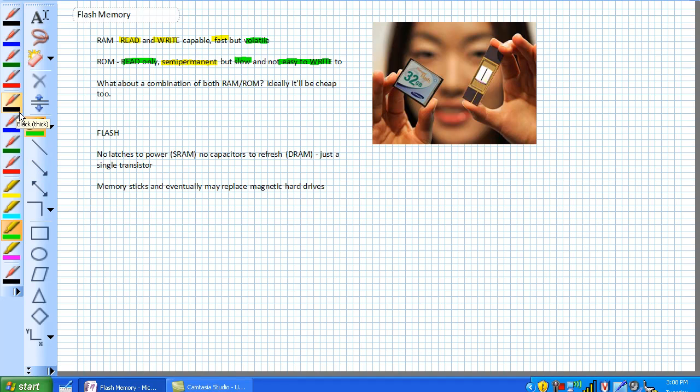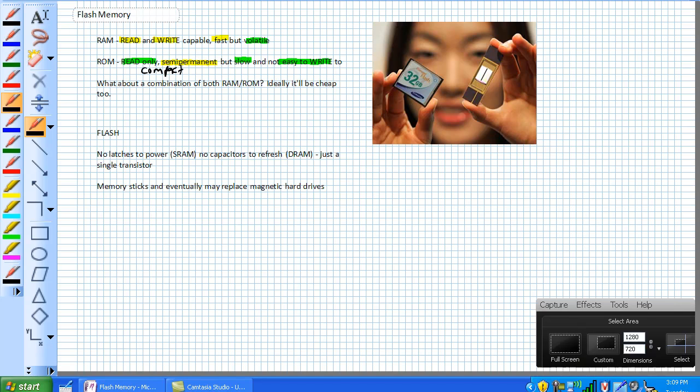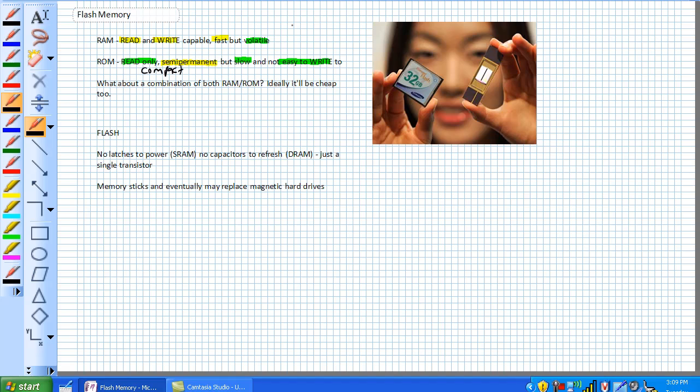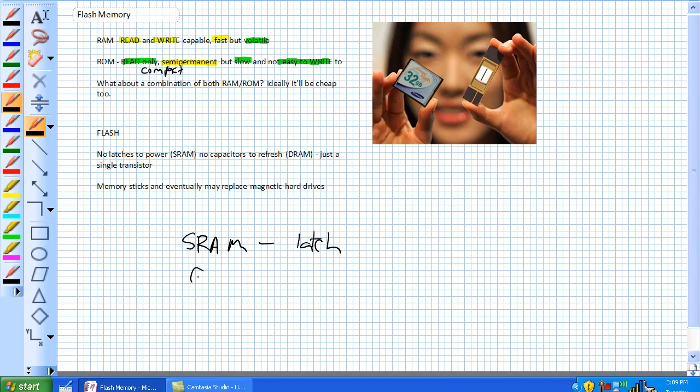Another advantage about ROM is that it is a little bit more compact than RAM, because the example I used in the lecture was fuses, but in actuality it's transistors, so just single transistor connections, whereas RAM, if it's SRAM, here I'll write it down, SRAM is a latch, which is a bunch of transistors.